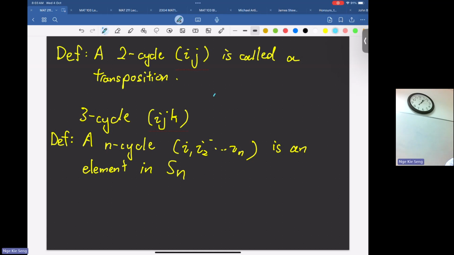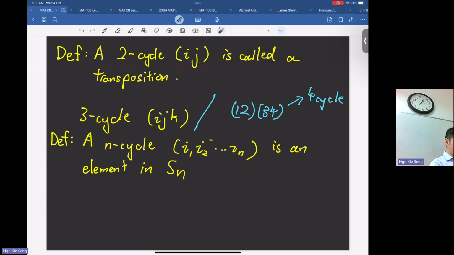You should think about the possible ways to put n numbers together. Do we call this one, for example, a 4 cycle? No, because we are thinking of a cycle as putting all n indexes into one cycle; then we call it an n cycle.